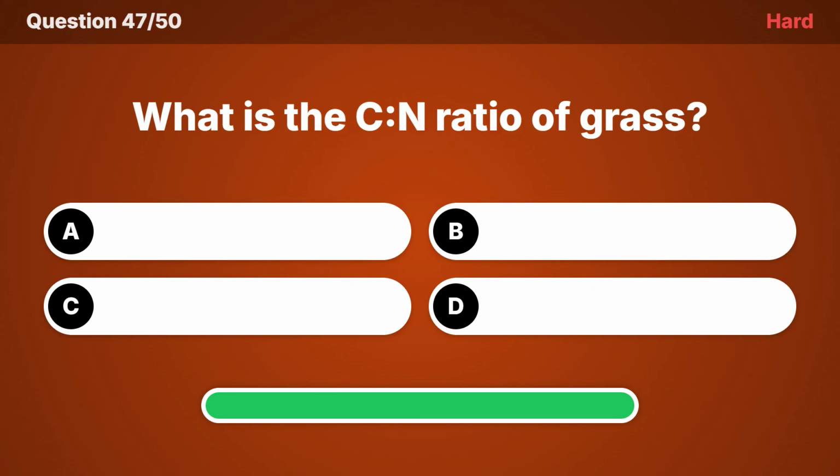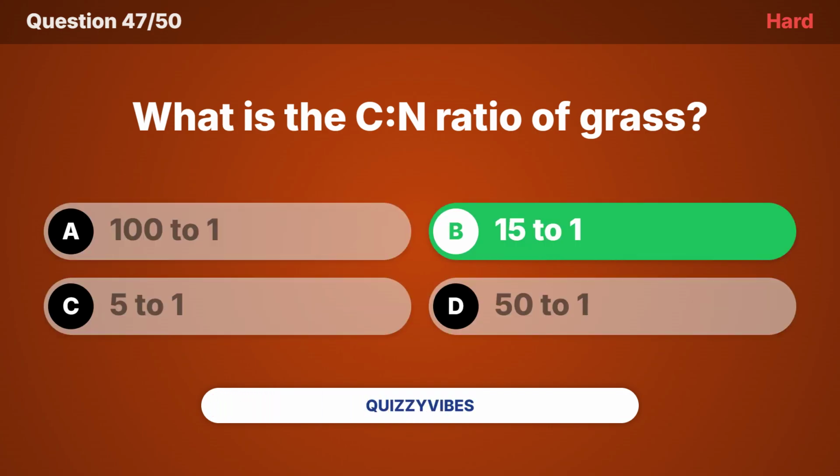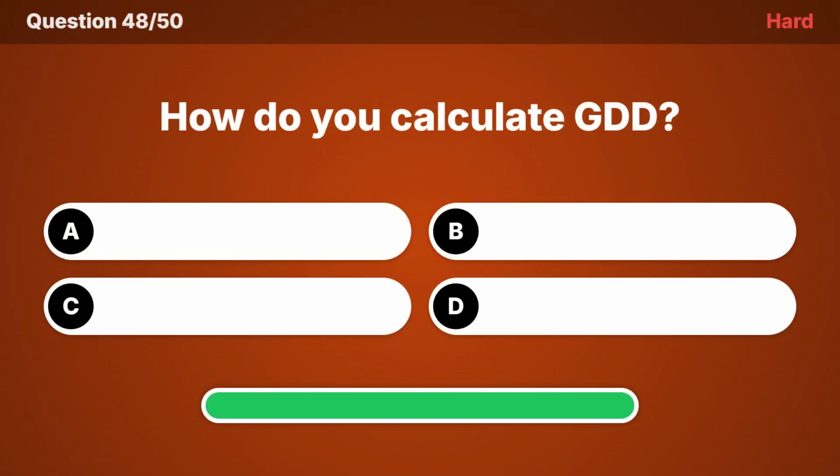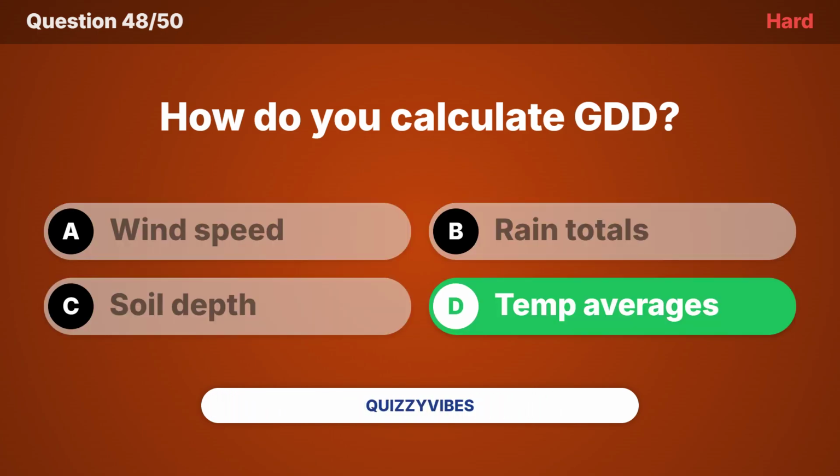What is the C:N ratio of grass? Here is the answer: 15 to 1. How do you calculate GDD? The correct choice is temp averages.